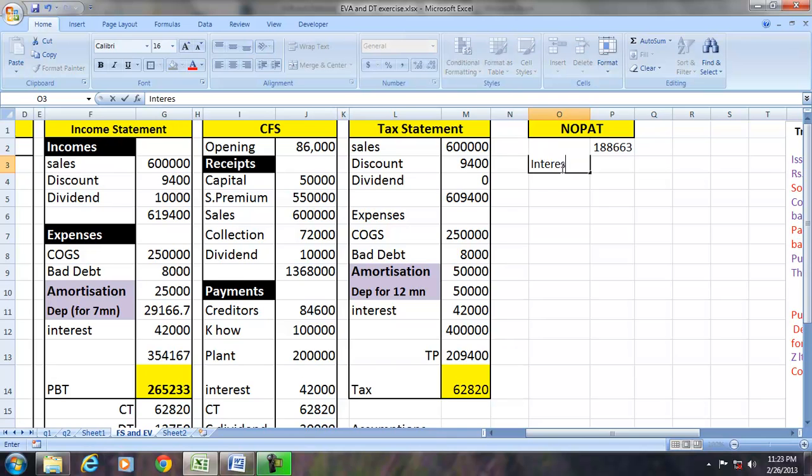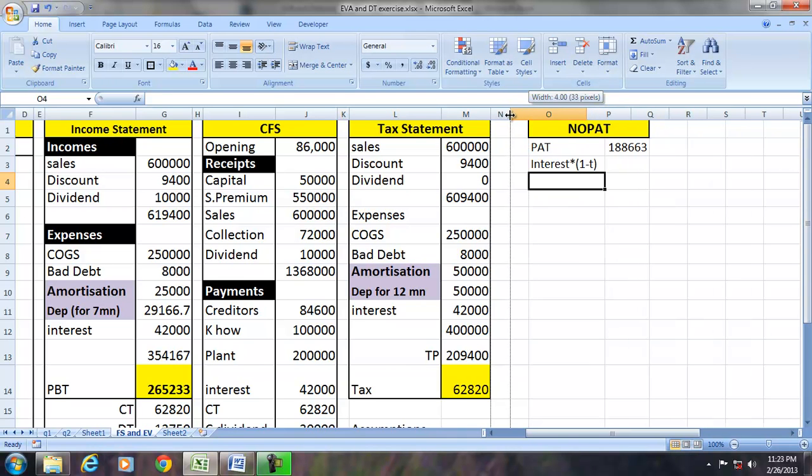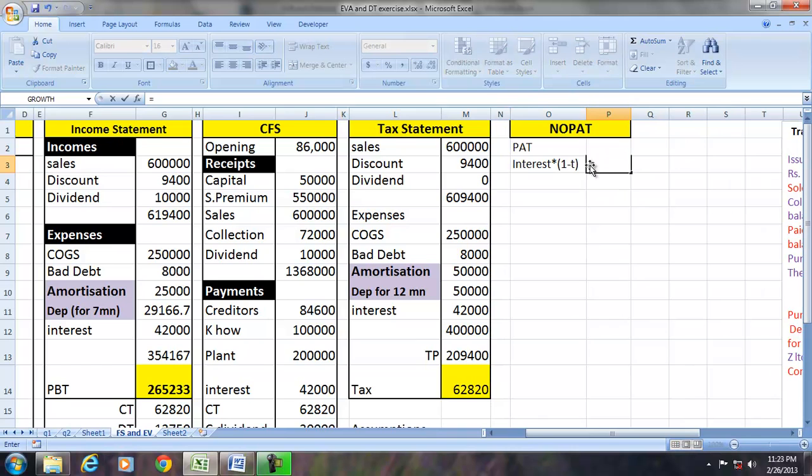So we add back interest to remove the financing anomaly. So the interest into 1 minus T will take care of adjusting for the financing decision. So interest is equal to 42,000 into 0.70, which takes care of the financing anomaly.